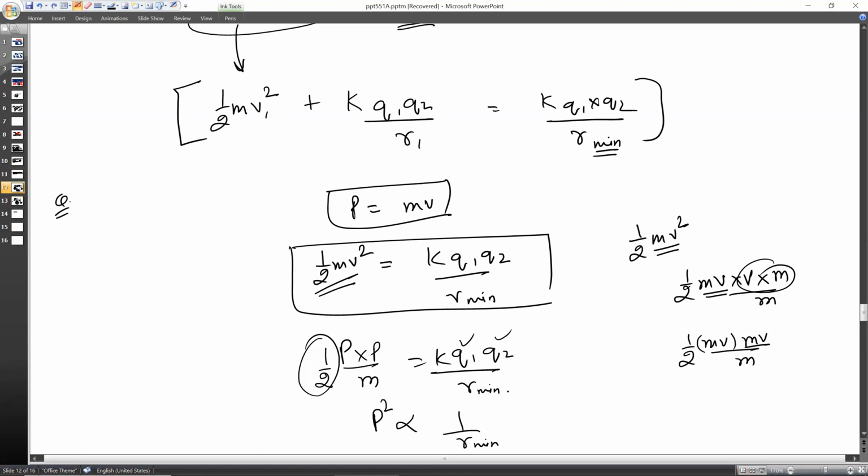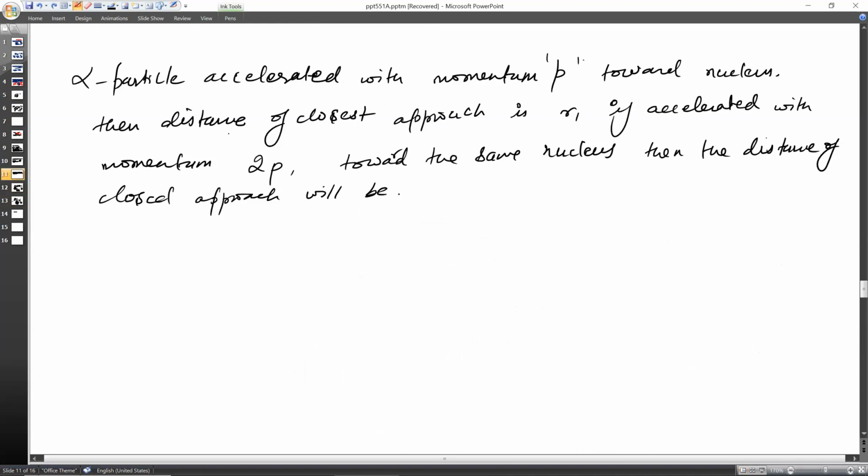Read the question and just listen to it. An alpha particle accelerated with momentum p towards the nucleus has a distance of closest approach r1. If it is accelerated with momentum 2p, the momentum has become double, towards the same nucleus.